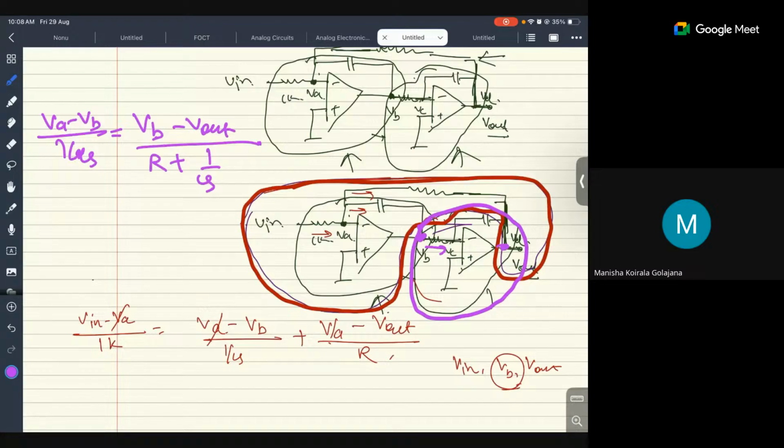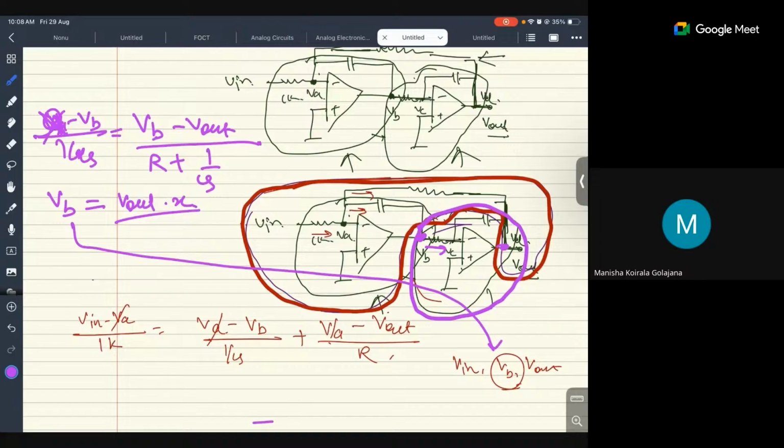Now VA is 0, so that term is 0. I can calculate from this equation VB in terms of V out, from the second equation. Now put this value of VB in the first equation. So now VB is eliminated, because VB will be in terms of V out.